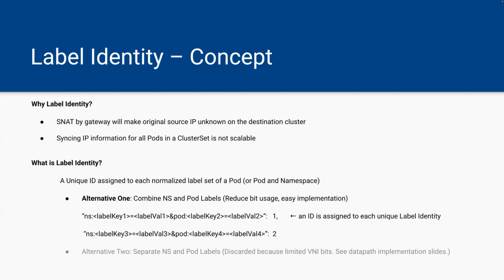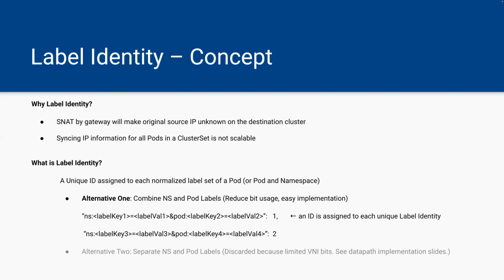If a couple of pods share the exact same labels, which basically means that they belong to a deployment or whatnot, they will have the same label identity, which is a unique string calculated based on their pod and namespace labels.